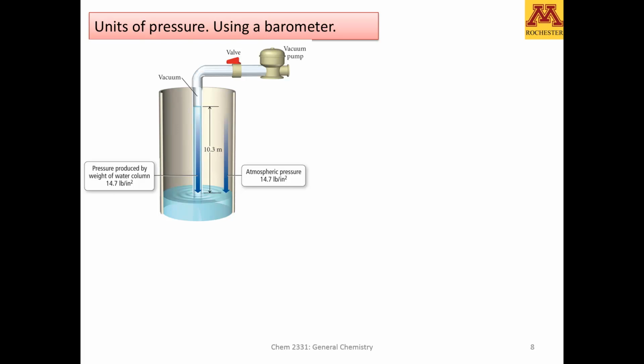So let's talk about this 760 millimeters of mercury. Why is that a unit of pressure? To understand that, we have to understand how a barometer works. A barometer, so meter means measure, baro means pressure, so it's an instrument to measure pressure. Let's think, for example, of a vacuum pump that you would have at home or on a farm to pump water.